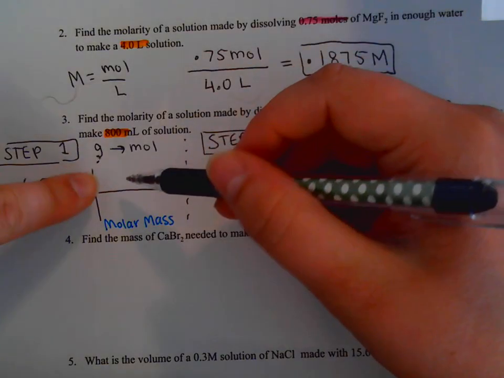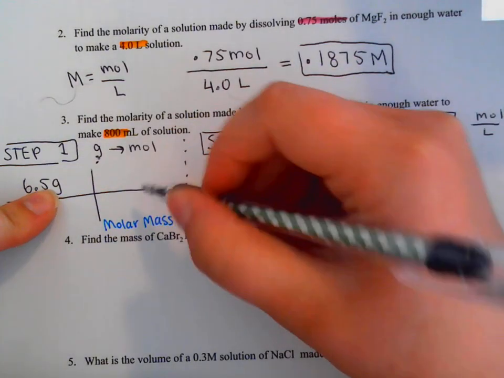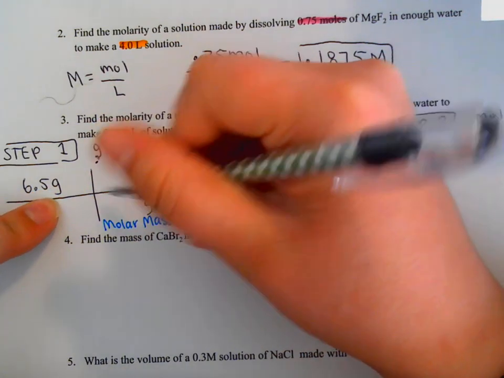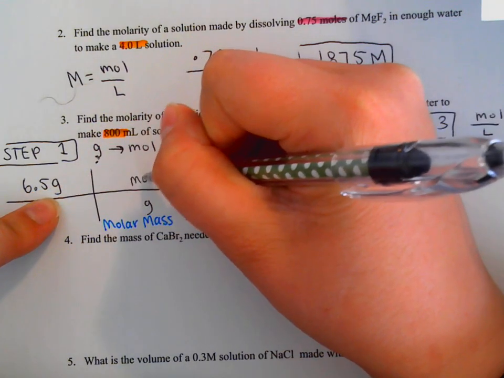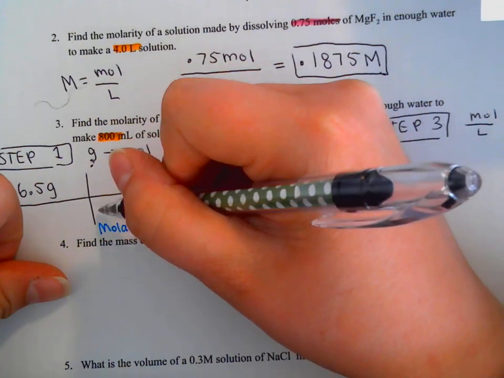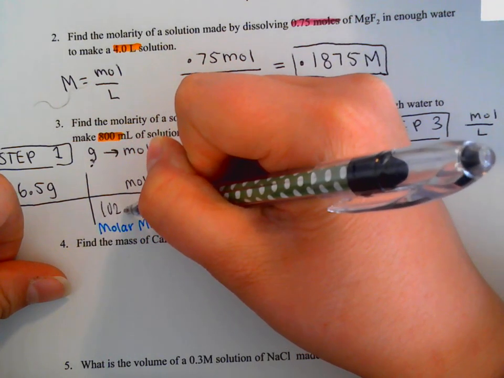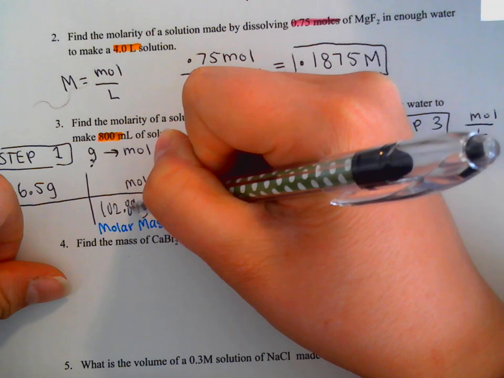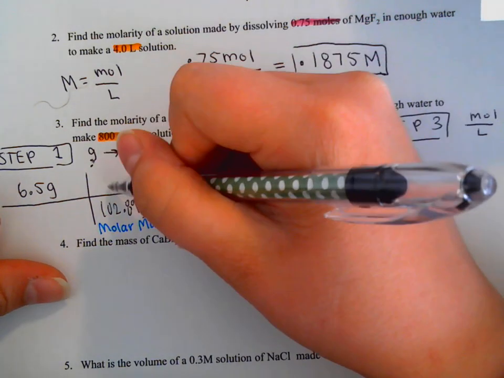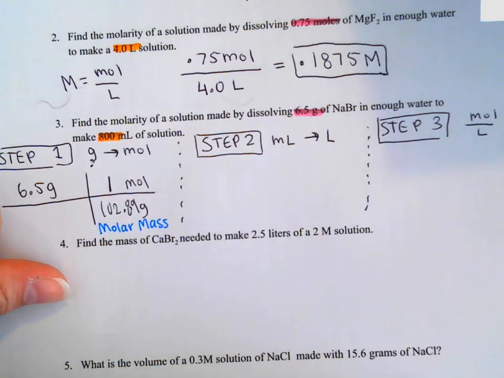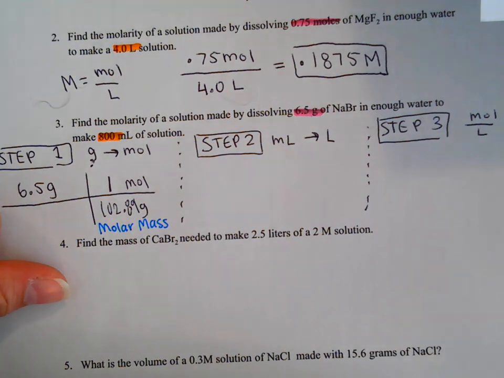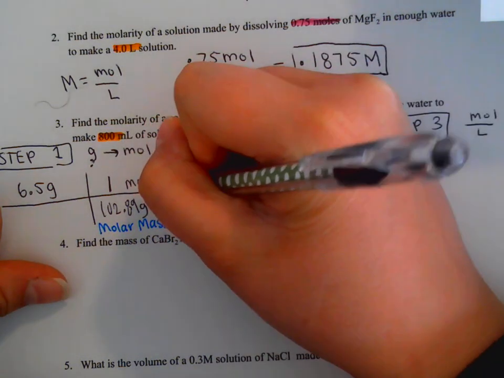Okay, so to plug that into my equation here, I want grams on the bottom so that my grams will cancel, and I want moles on top. And like I said a second ago, it's 102.89 grams per mole. I'm simply going to do the math for this one.